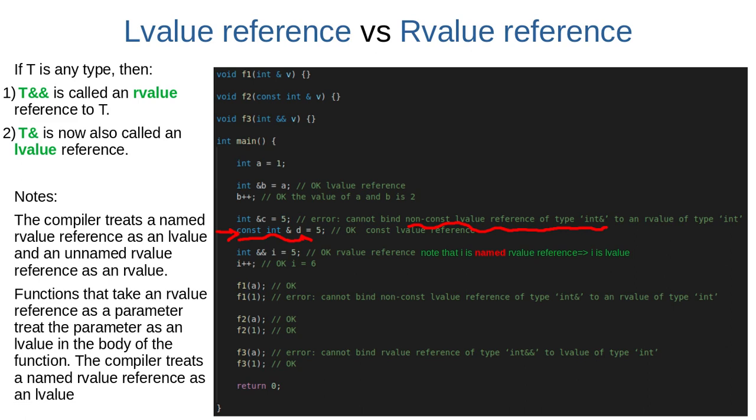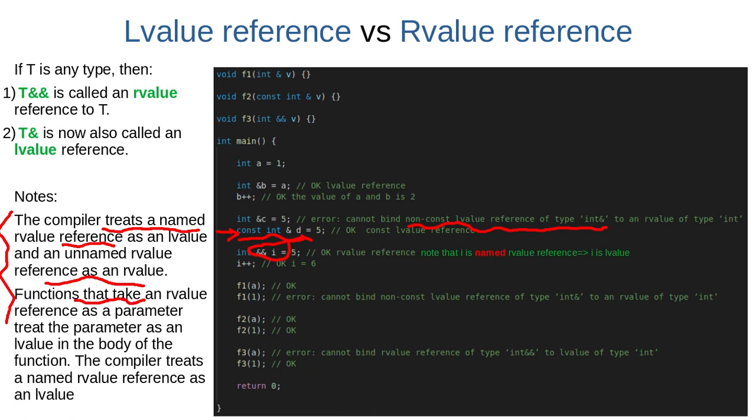Now this symbol && is an R value reference. So now we have an R value reference, but even though, the compiler treats i itself as an L value, because according to this note, the compiler treats a named R value reference as an L value and an unnamed R value reference as an R value.